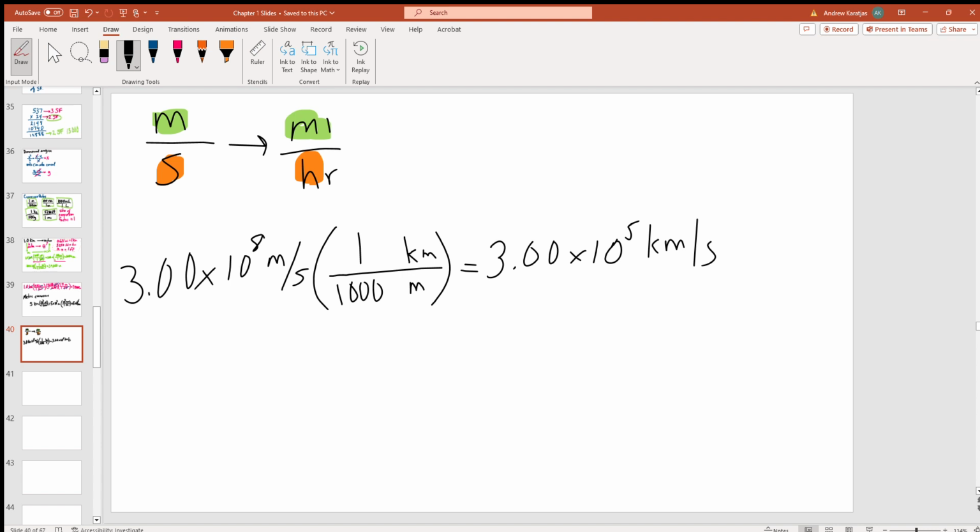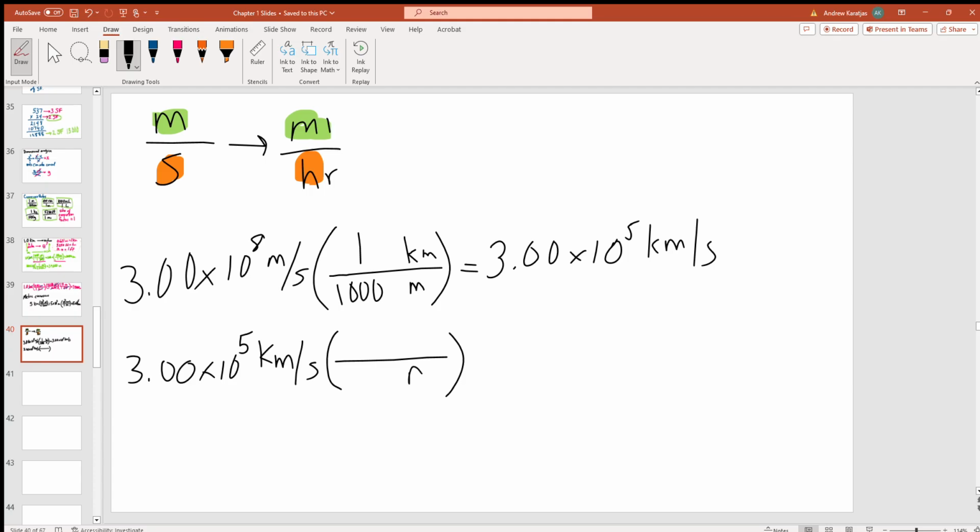I'm going to take our 3.3 times 10 to the 5th kilometers per second, and we're going to convert that into miles.